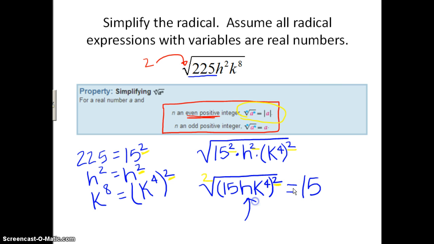I will need them around the h, because in the event that h is a negative number, you can't take the square root of a negative number, so it has to be the absolute value. For k to the 4th, even though we have an even index, we don't need absolute value signs, because k is being raised to the 4th power. Even if k was negative, raising it to the 4th power would turn it positive. So this is our final answer: 15 times the absolute value of h times k to the 4th.